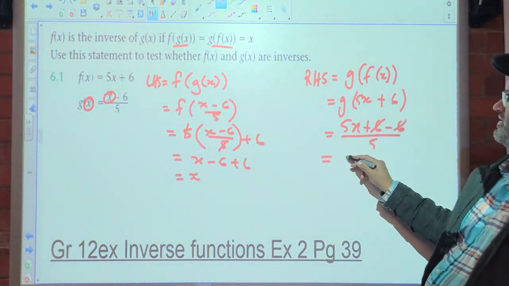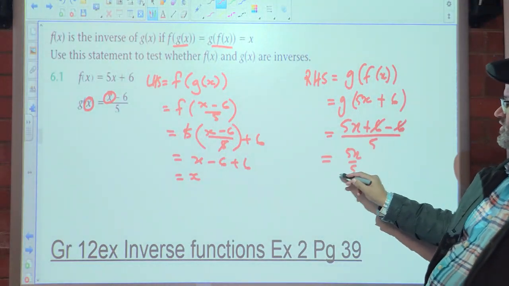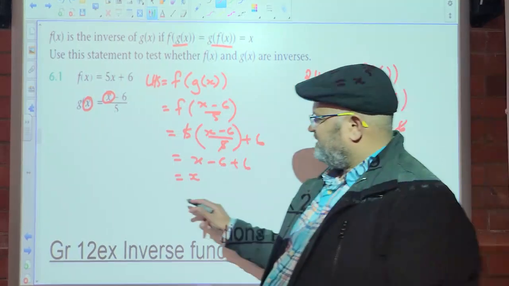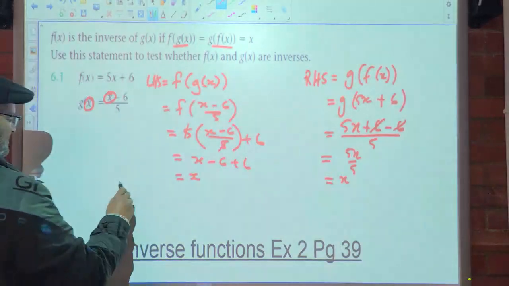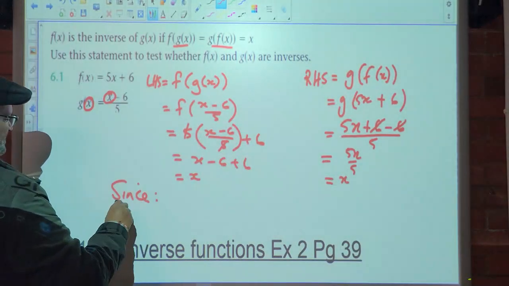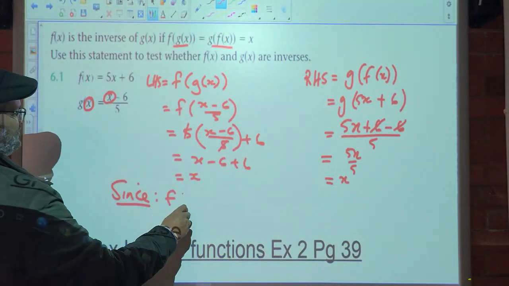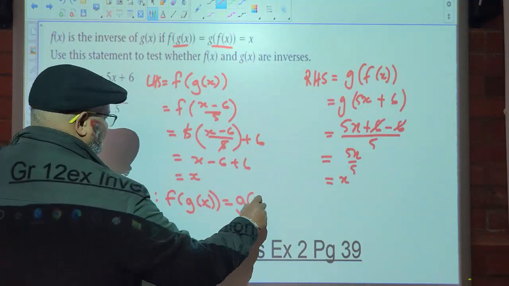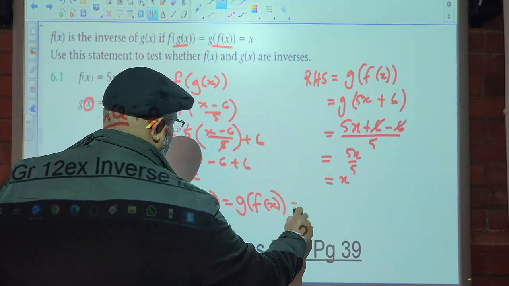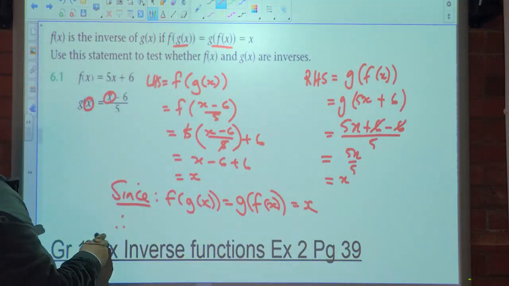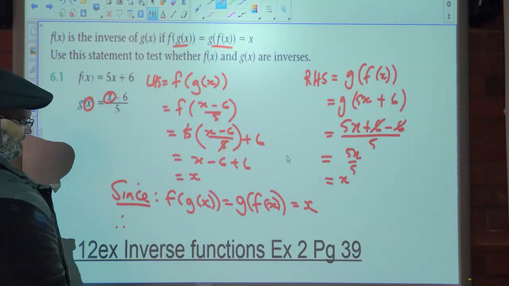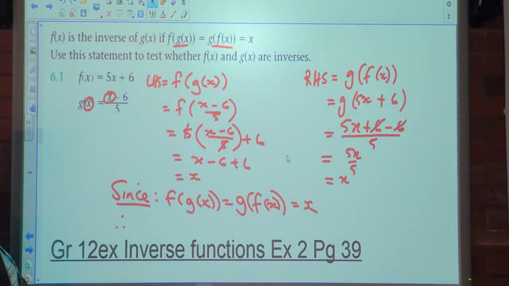That cancels. Gives you 5x over 5, which is x. So we state the obvious: since f of g of x is equal to g of f of x, which is equal to x, therefore they are inverse functions to each other.